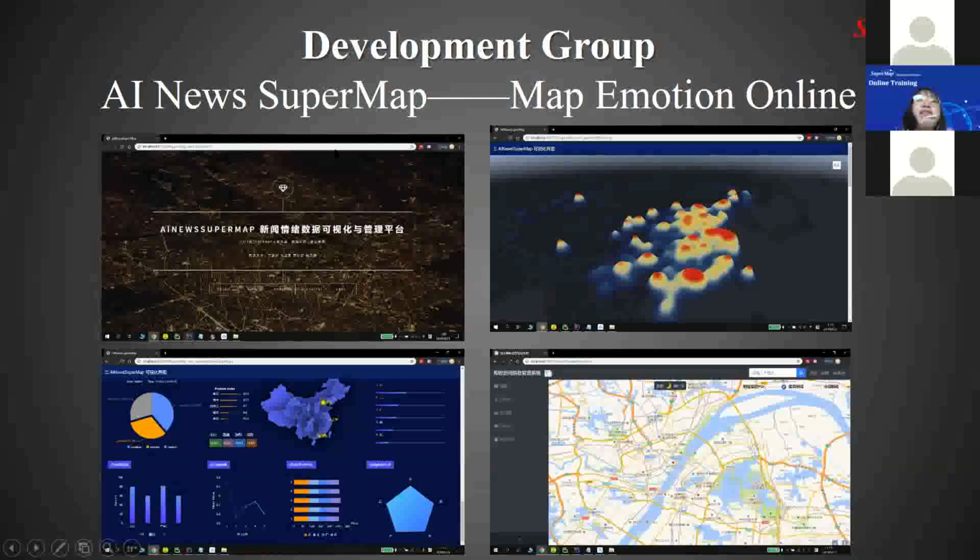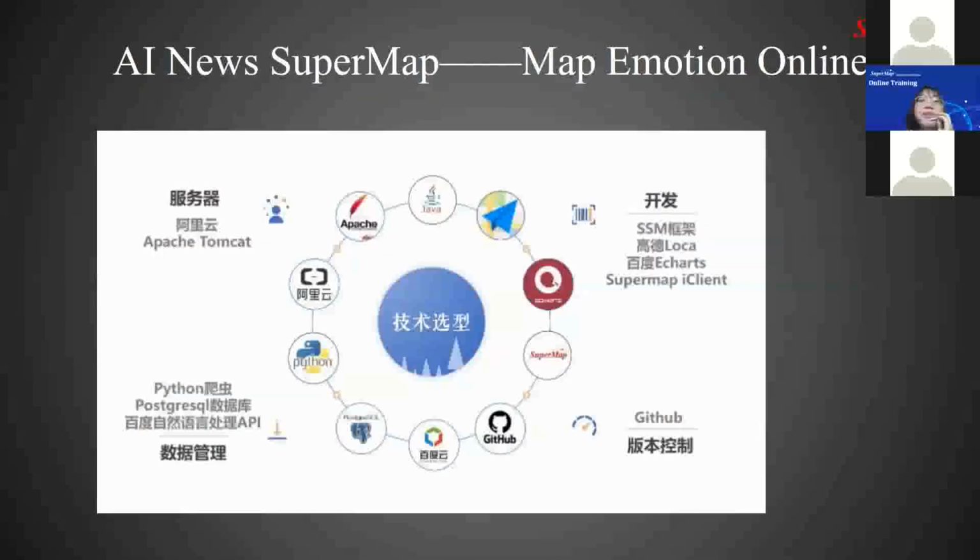It has a cool interface, and they could visualize the news using heat maps in different areas, and create a dashboard to explain the news on social media, and also show the locations where the different news happened.